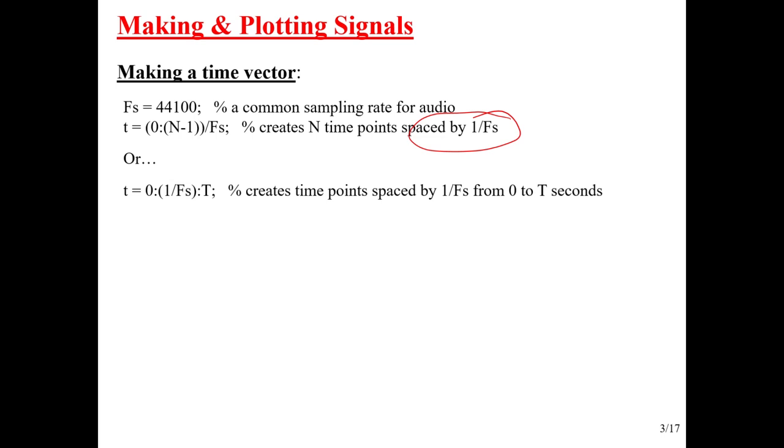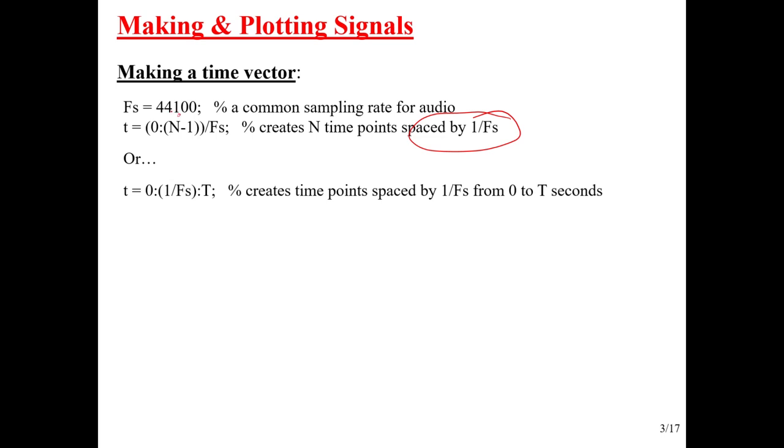There are other ways to do it. I would caution you to be careful with linspace. It can be used, but it's a little tricky sometimes. So I try to avoid using linspace. I just do it like I would normally think about it. I want things spaced every 1 over fs.